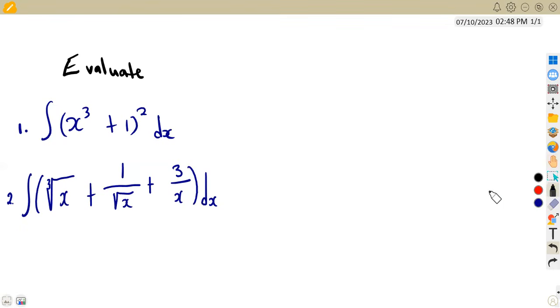Remember that in our integration, we were referring that the integral of ax to the exponent of n with respect to x is equivalent to ax to the exponent of n plus 1, everything over n plus 1, plus the constant of integration.